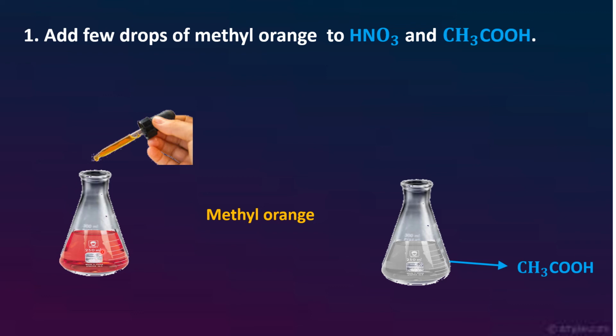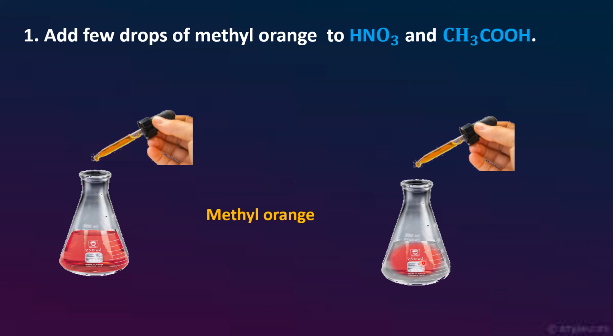So for HCl as well as H2SO4 also, methyl orange has changed the solution to the red color. Now let us see for the acetic acid. So now we'll add again few drops of the methyl orange to acetic acid also. Okay, see, yes, here also we are finding that it is changing.